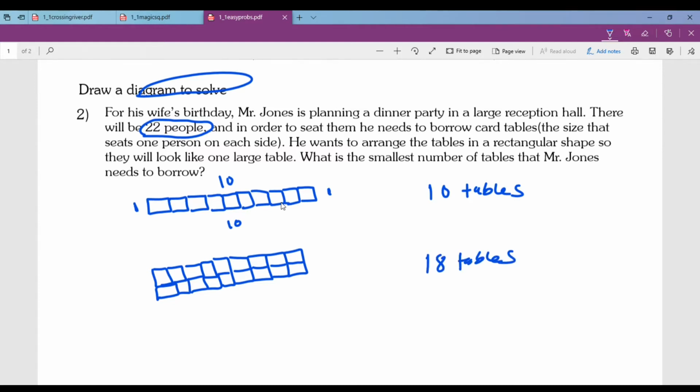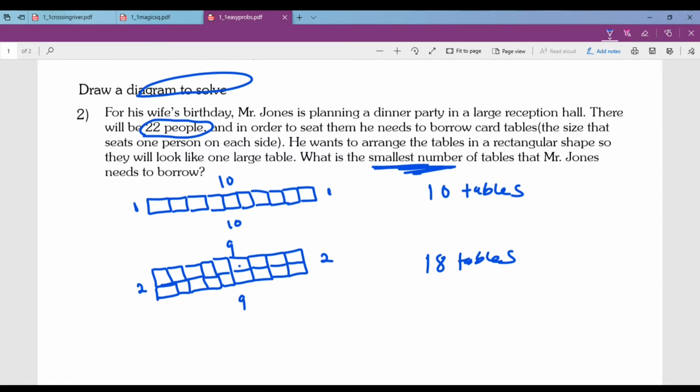Let's make sure we can seat 22 individuals. We have 2 on each side, and on the top here we have 2 plus 2 is 4, 9 plus 9 is 18, 18 plus 4 gives us 22. So yes, this arrangement does work, but we used more tables. So we're looking for the smallest number of tables, so this doesn't work.